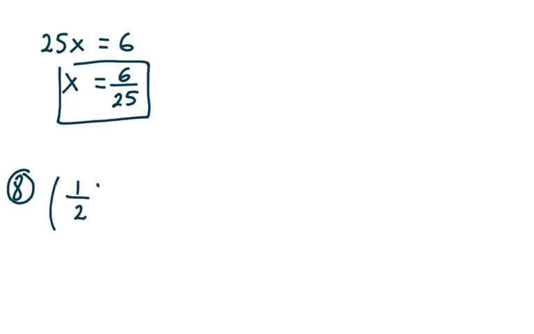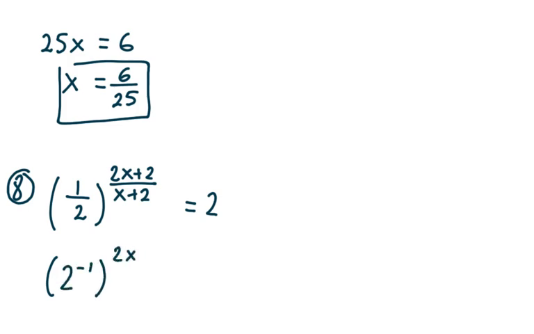Suppose I had 1/2 to the 2x plus 2 divided by x plus 2. And I'm going to set this equal to 2. So 2 to the negative 1 raised to the 2x plus 2 over x plus 2 is equal to 2 to the 1st.